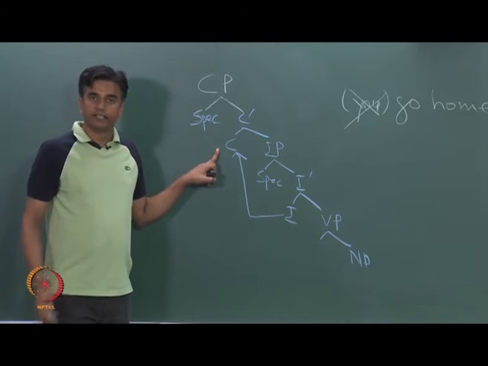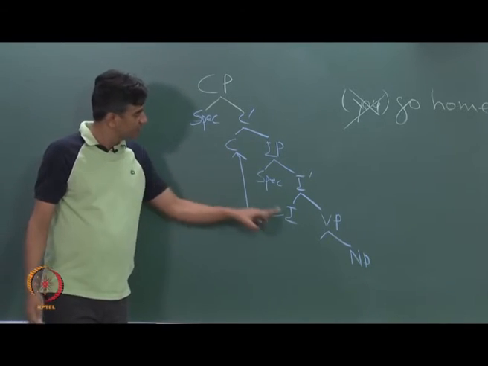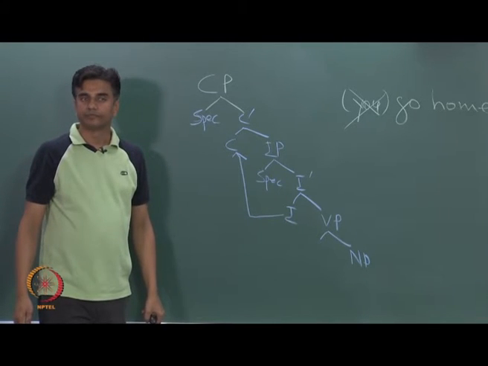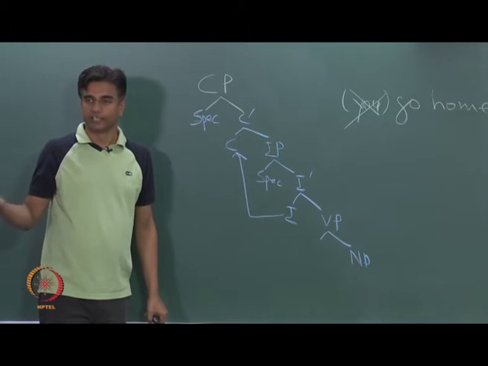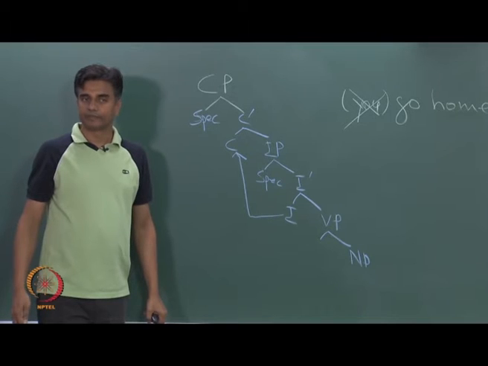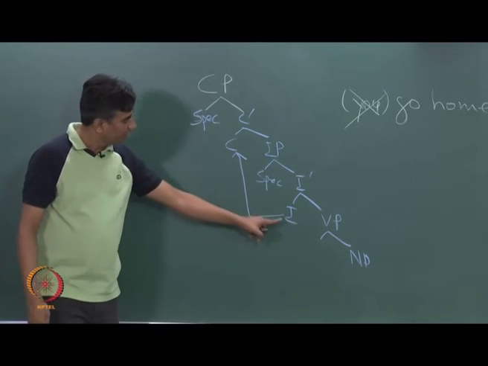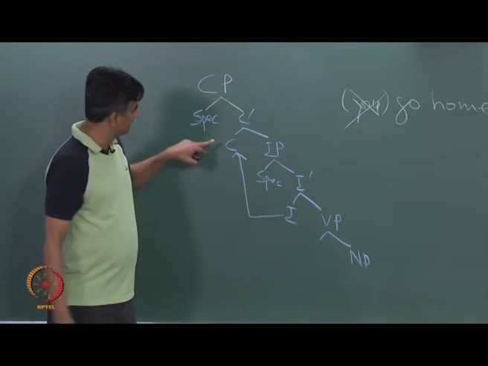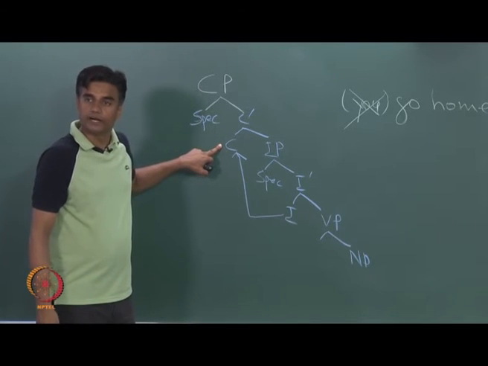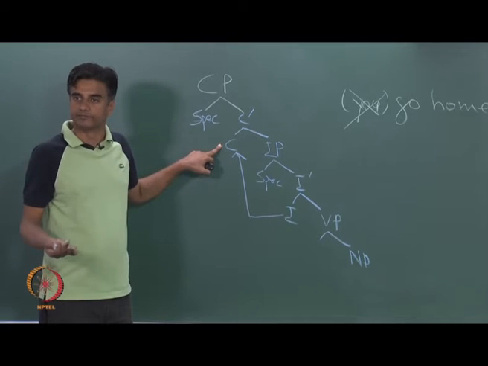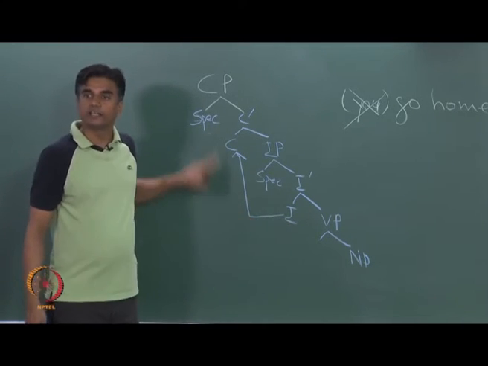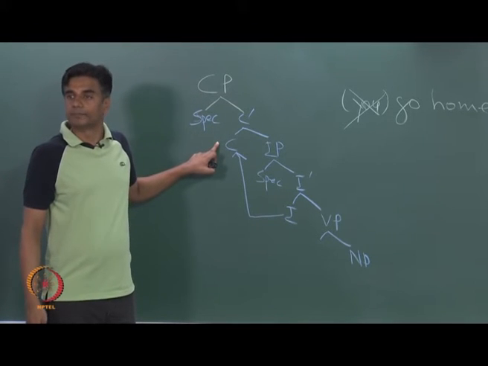What's the similarity between I and C? I think I have reduced the question like anything now. Okay. Is this a head? Is this a head? Both are heads of their phrases. So when a head gets out, it can only go to another head position.